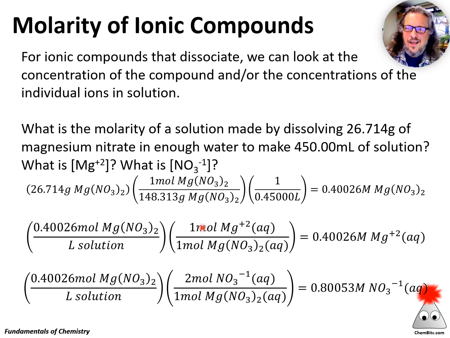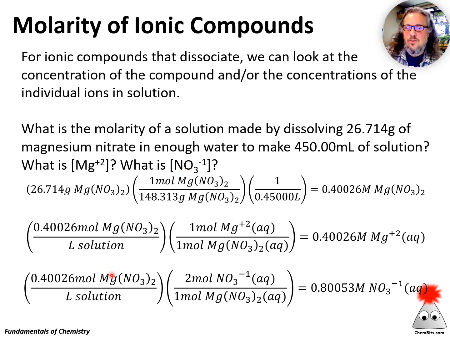So now I can use an extra term here. This kind of looks like a stoichiometry term, doesn't it? Well, this is sort of a little micro stoichiometry problem. For every 1 mole of magnesium nitrate that I dissolve, I get 1 mole of magnesium ions. So multiply by 1 over 1, mathematically not too tough, and we get that this solution is 0.40026 molar magnesium plus 2 ions in solution.